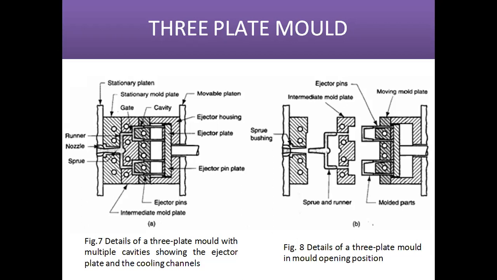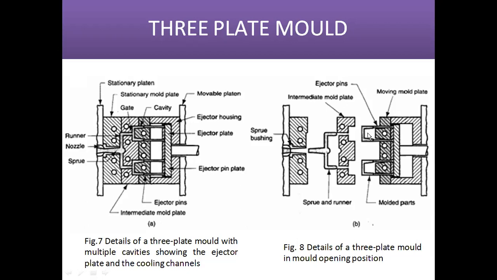Now at the end of the process, when the movable platen moves along this side, the final product also moves with the movable platen, and at that time the sprue and runner is separated from the final product.